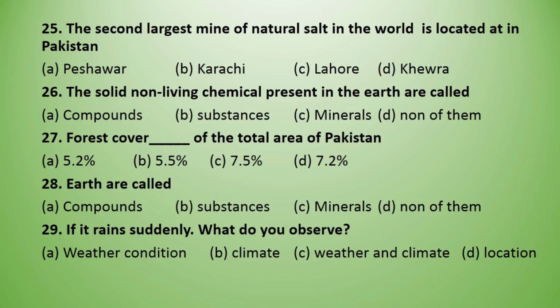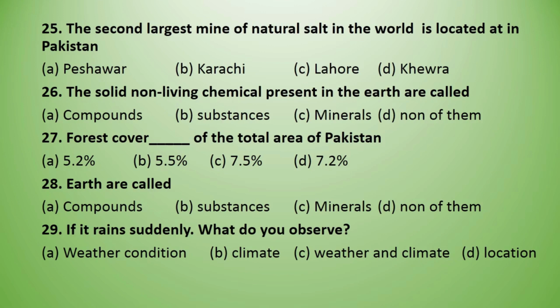Forest cover is dash of the total area of Pakistan. A. 5.2%, B. 5.5%, C. 7.5%, D. 7.2%. Answer is A. 5.2%. 28. Earth are called A. Compounds, B. Substances, C. Minerals, D. None of them. Answer is C. Minerals.